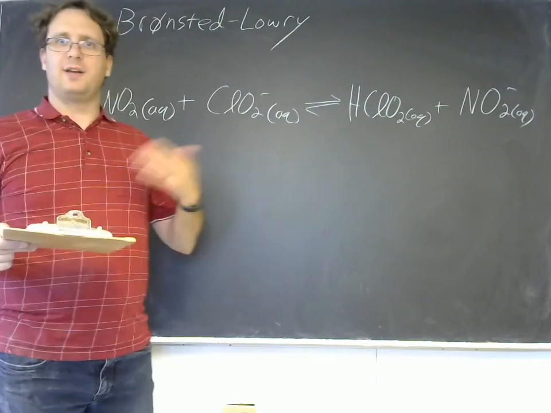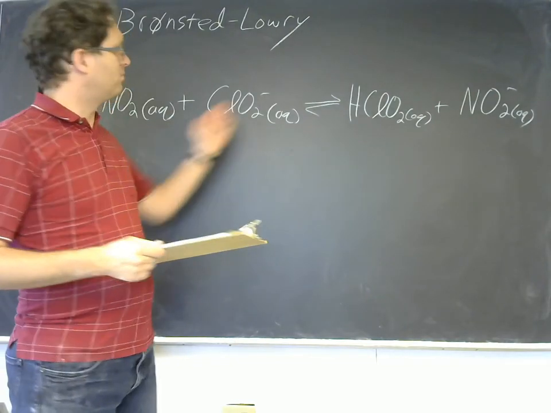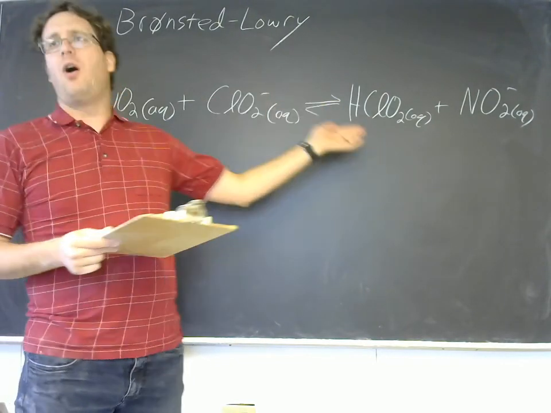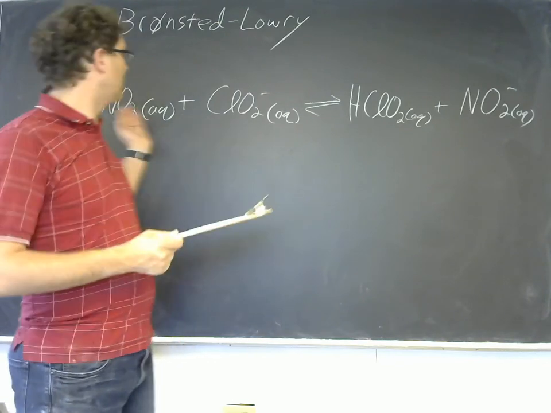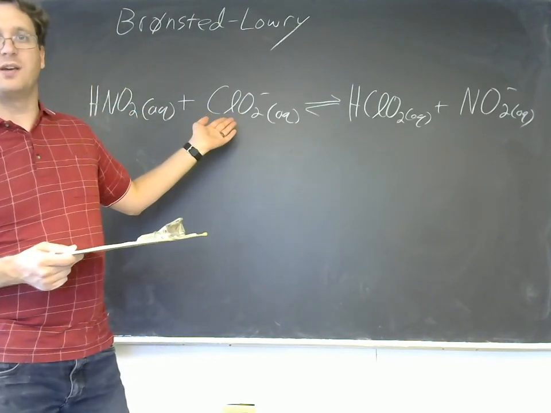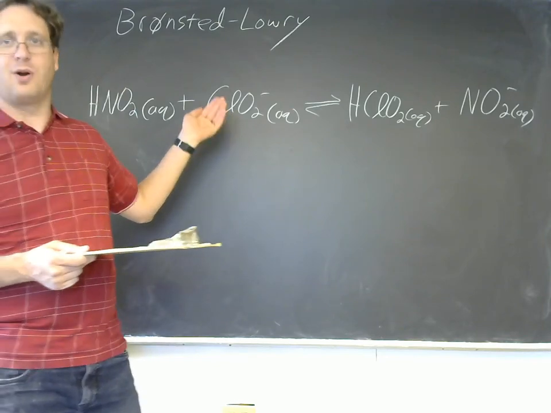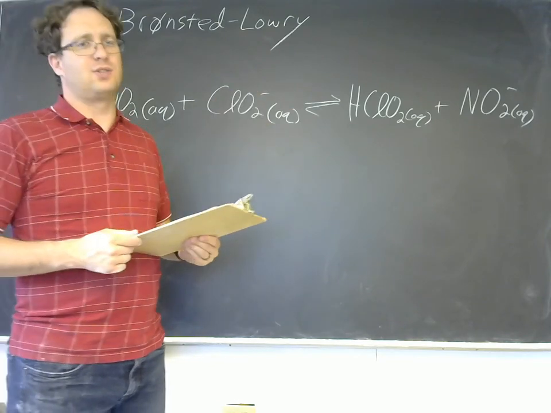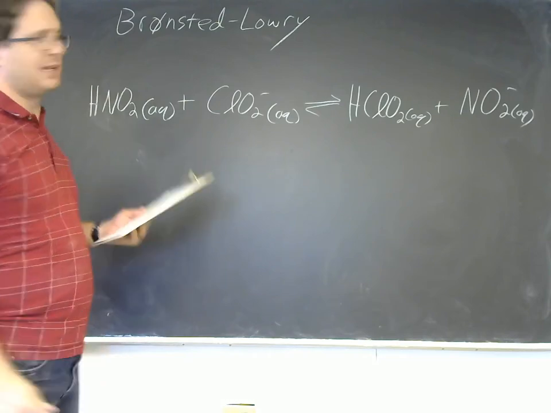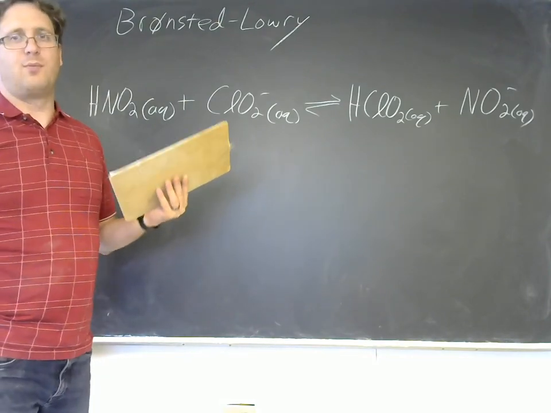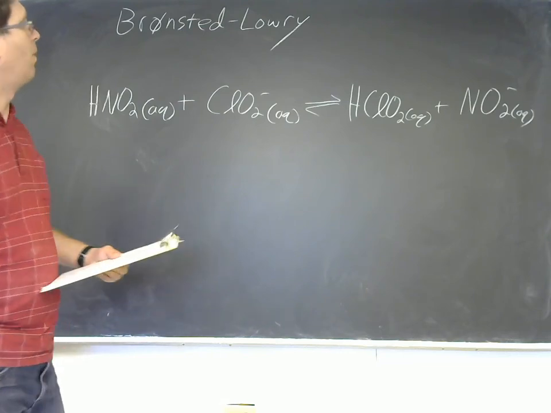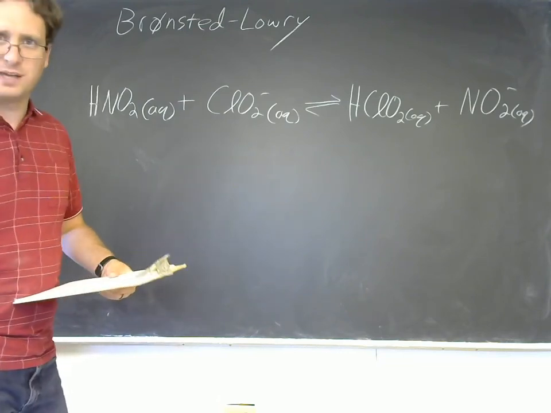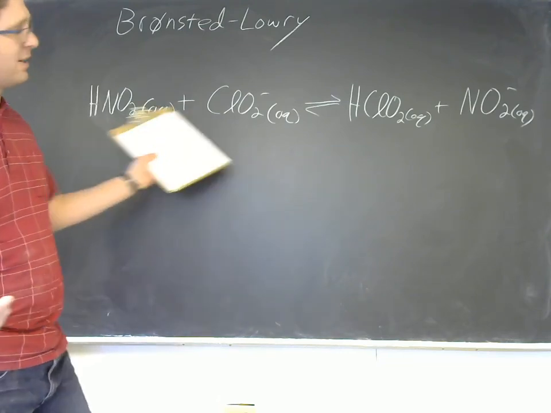Under Arrhenius theory, we wouldn't be able to justify calling this an acid-base reaction. Neither of these is changing the amount of H plus or OH minus in solution. And so we need to have a more comprehensive theory to describe what is an acid, what is a base in the context of reactions like this.